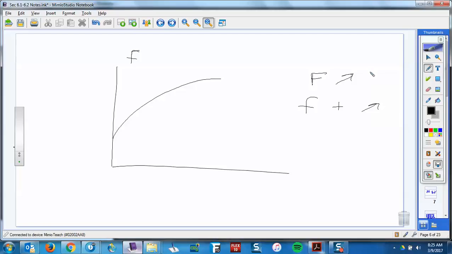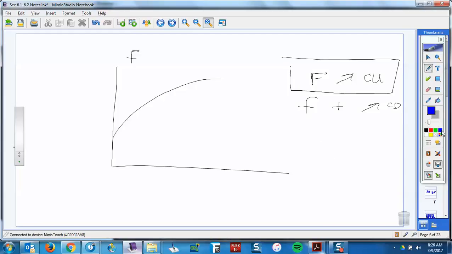So if little f is increasing, what's big F? Concave up. And isn't that really all we need to know? I mean, this is concave down, but if little f's concave down, does that tell you anything about big F? If you think back to the chart, it doesn't, right? So this graph is positive, which means big F is increasing. So just by that, we know that big F is increasing and concave up.